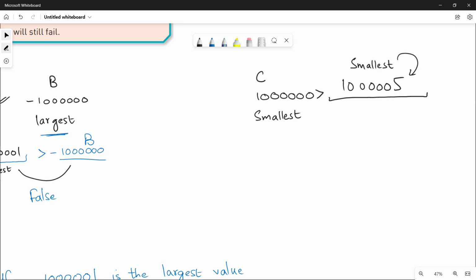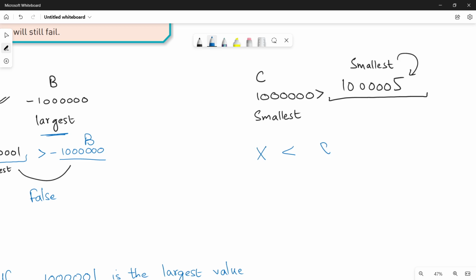In this case, you will not be able to identify the smallest value of your test data because it is beyond the range. It is greater than the value you set in variable c. If I check the condition, if x is less than c, only in that case you have to change the value of variable c.